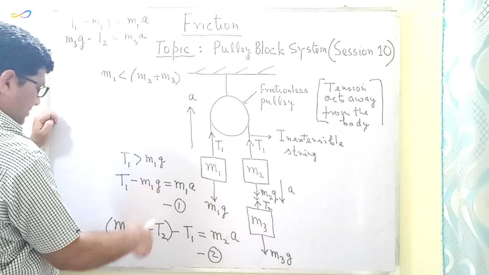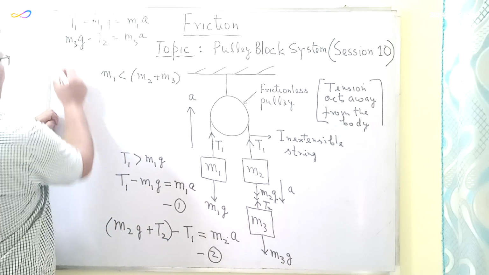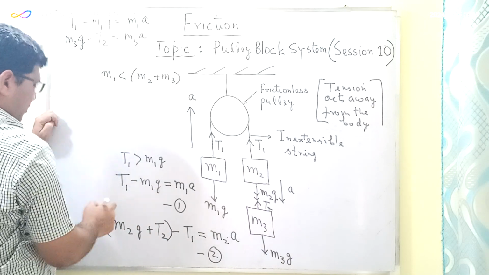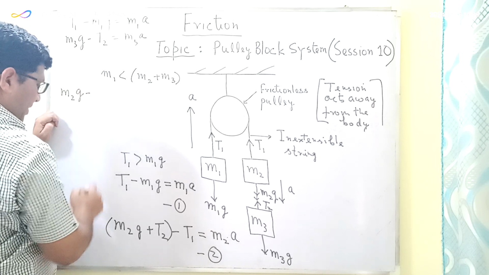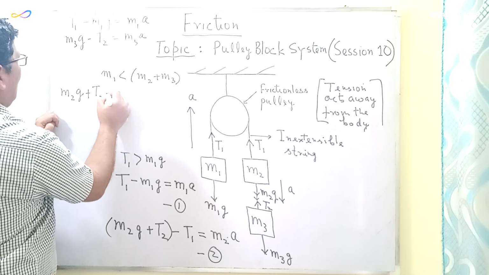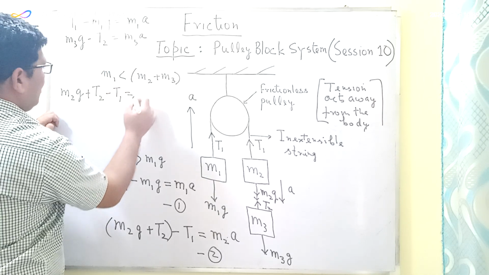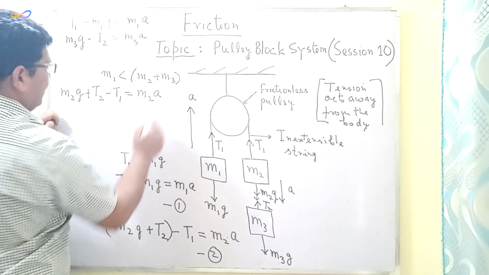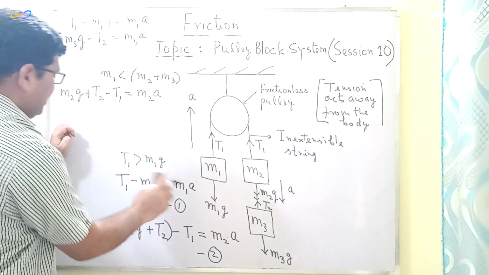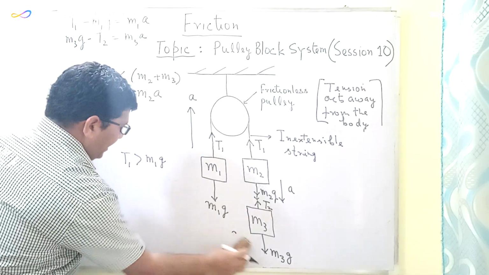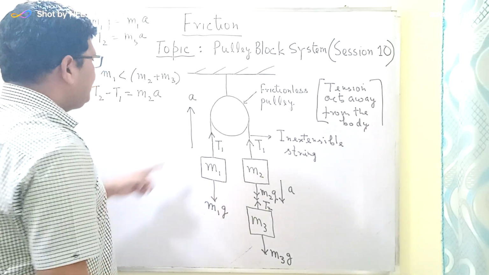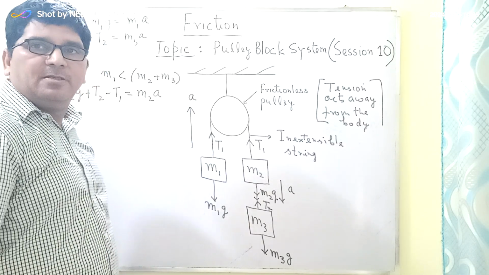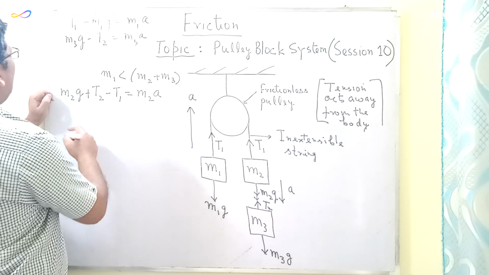And the third equation, that is m2g plus T2 minus T1, this is equal to m2a. Okay, so these are the three equations which we have got, and now we will solve these three equations to get the value of common acceleration.